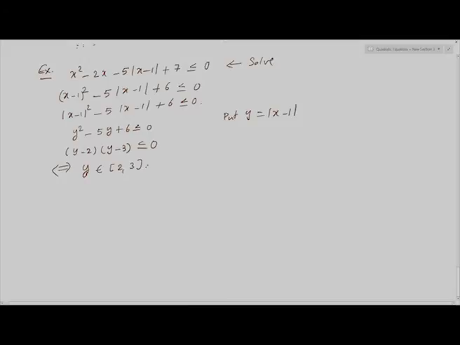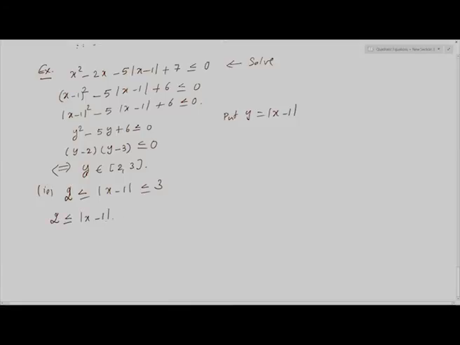That means y, which is nothing but modulus of x minus 1, is lying between 2 and 3: 2 less than or equal to modulus of x minus 1 less than or equal to 3. Now I take one side first, the first inequality, 2 less than or equal to mod x minus 1.